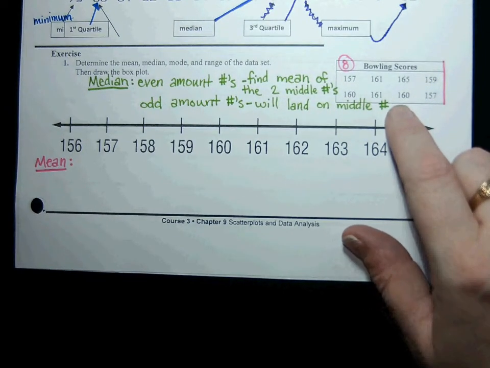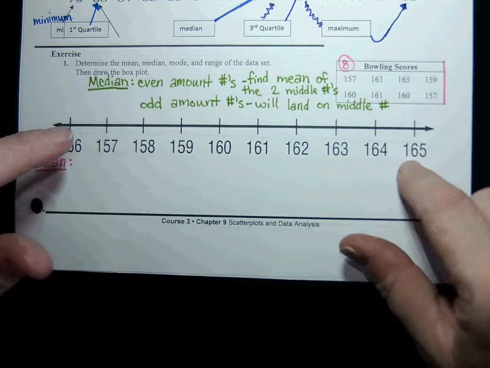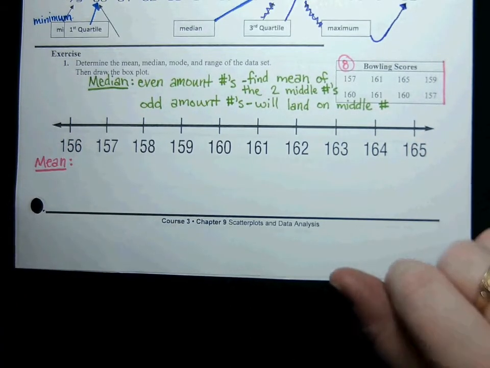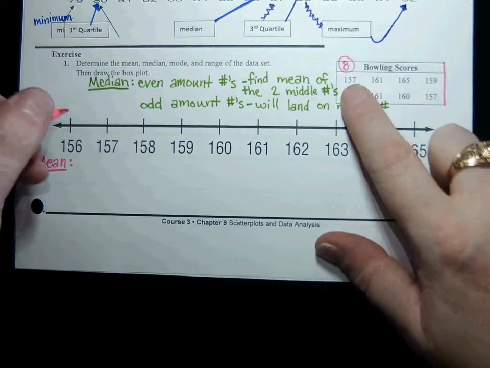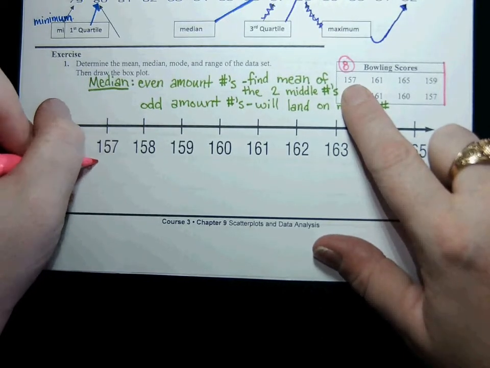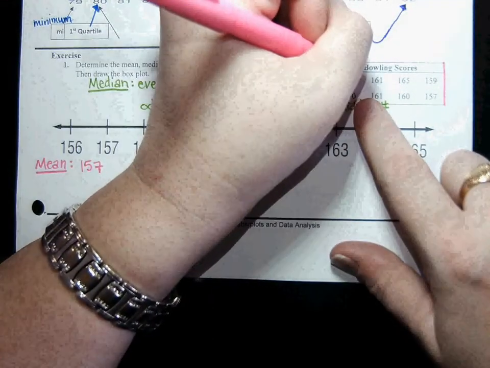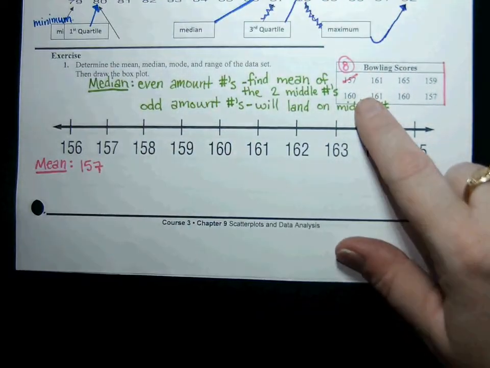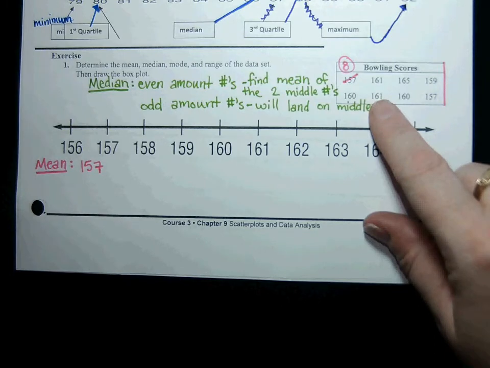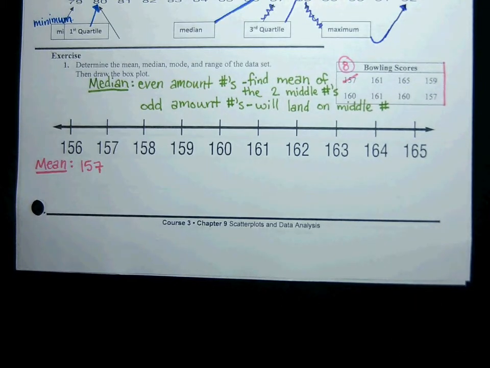Is there a 156? Don't look at this number line. 157. I'm going to leave space in between in case I mess up and I need to add. And so as I go, I'm going to use my finger to trace, and it's easier to keep up with it than just staring back and looking at a whole bunch of numbers.